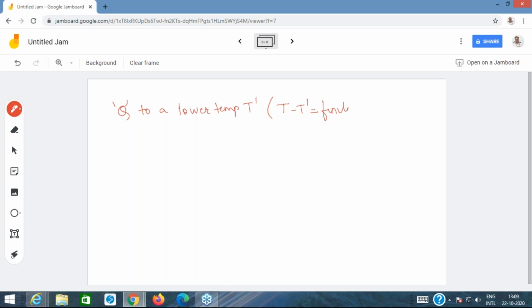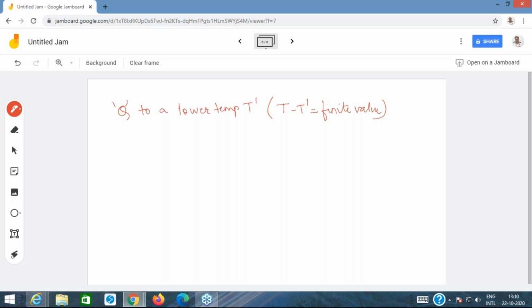It is not infinitesimally small. It is a finite value. So we are now talking about the heat transfer to a lower temperature T dash.